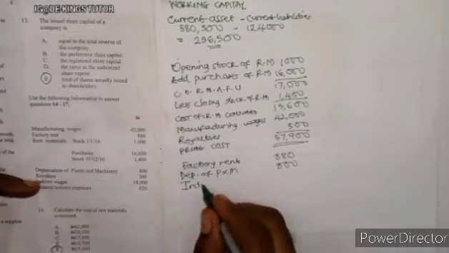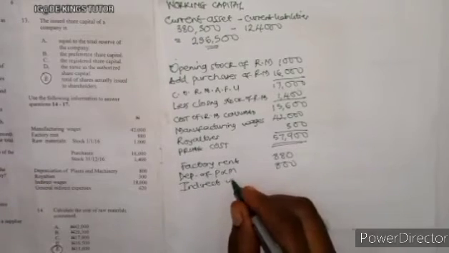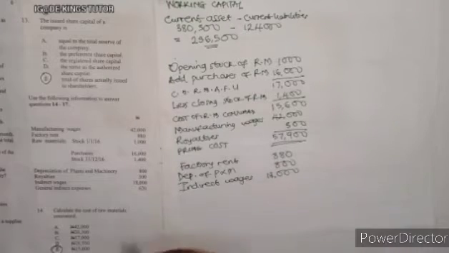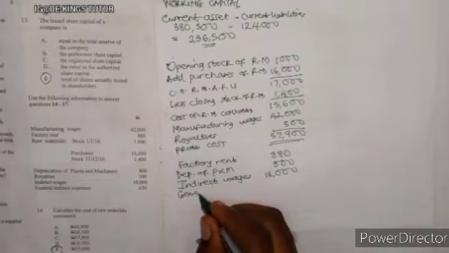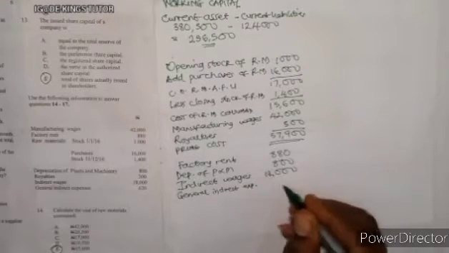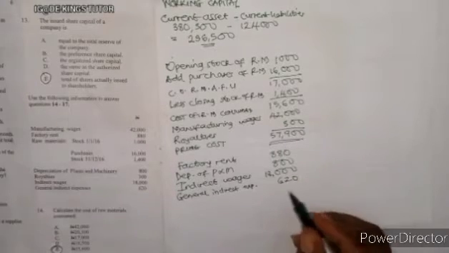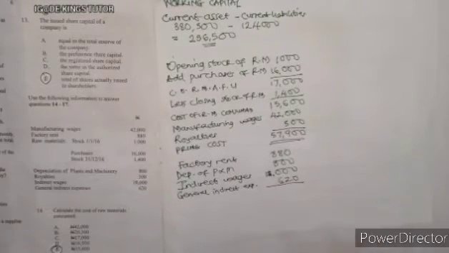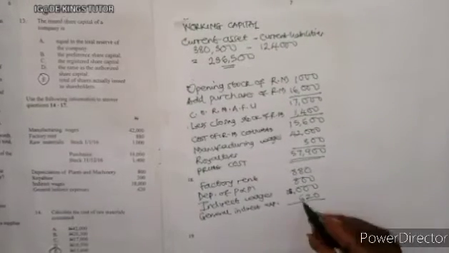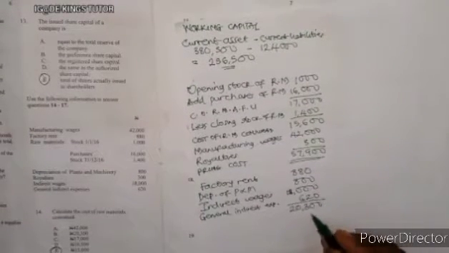Indirect wages 18,000, and general indirect expenses 620. When you add this up, 880 plus 800 plus 18,000 plus 620 gives you 20,300.